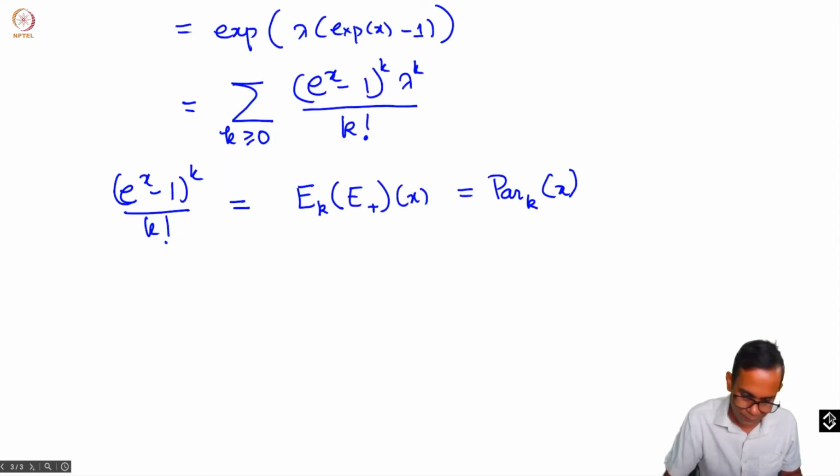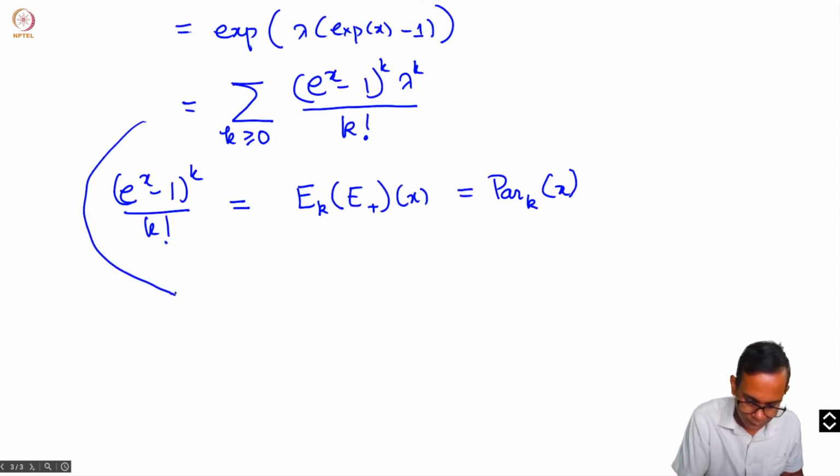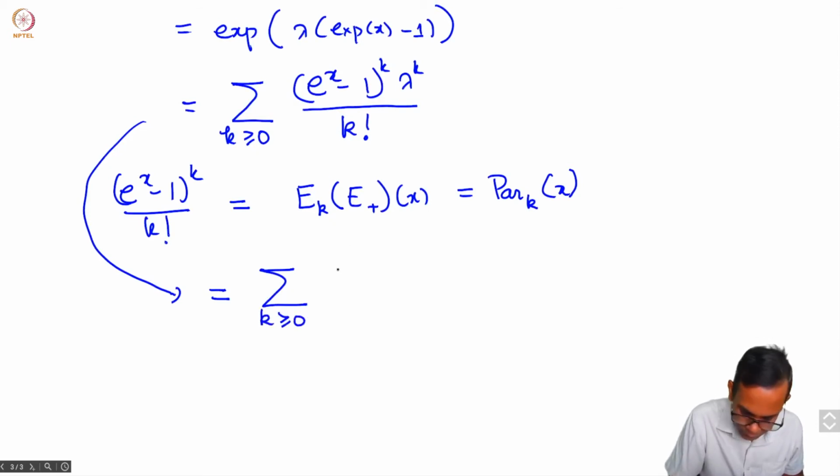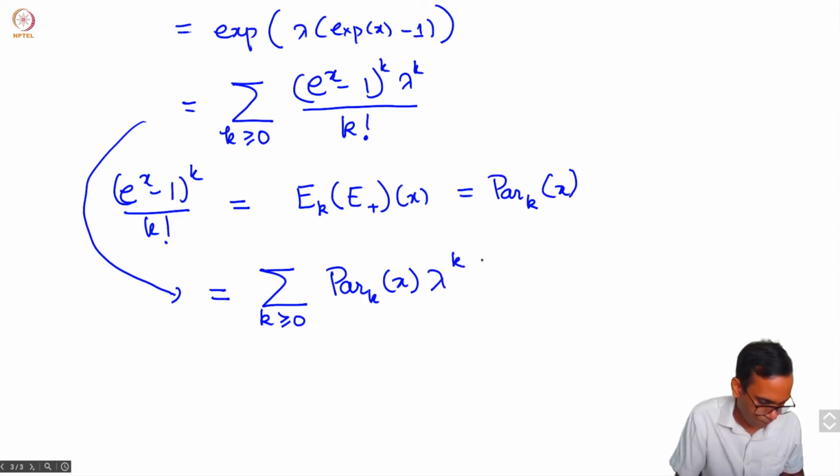So this sum here is equal to the summation k greater than or equal to 0 of the generating series of partitions with k blocks times lambda to the power k.